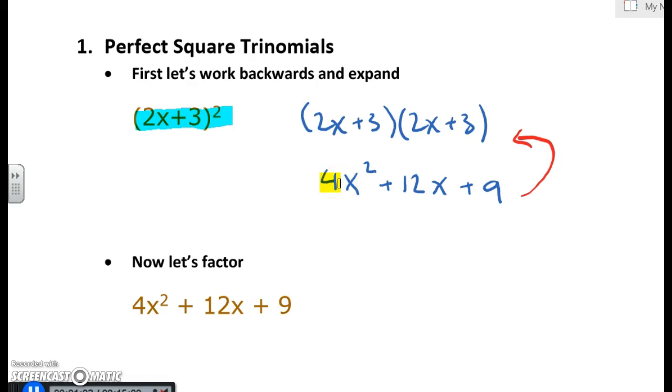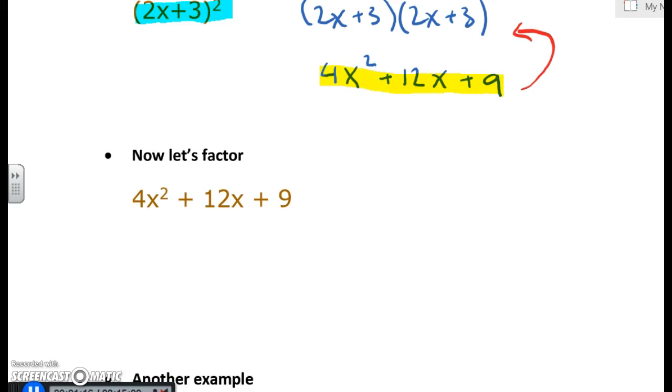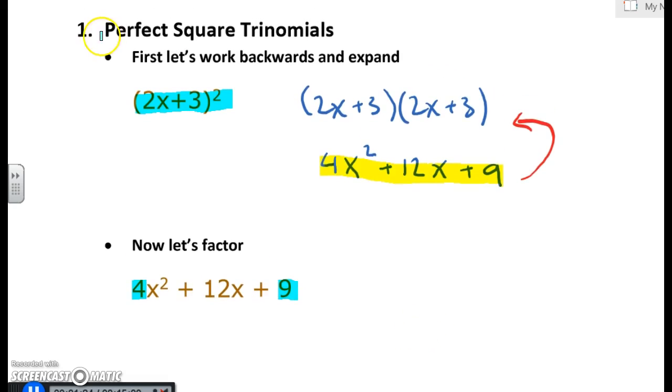So there is a bit of a shortcut here, and there's a hint that this expression gives us, and that is that both the first and the last term are perfect squares, and hence this is why this case is called perfect square trinomials.